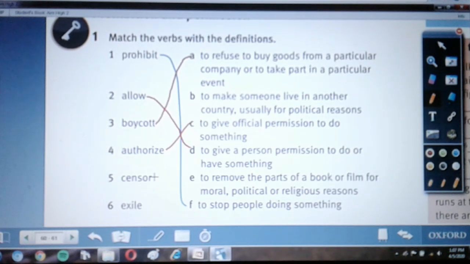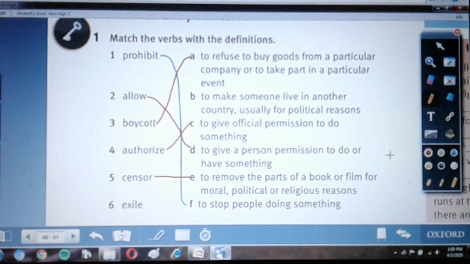The answer is E. Censor means to remove the parts of a book or film for moral, political, or religious reasons. Meanwhile, the meaning of exile here is to make someone live in another country, usually for political reasons.